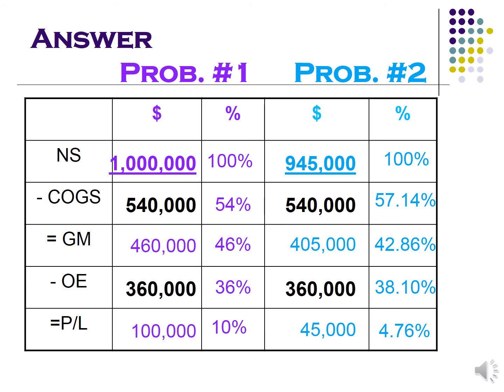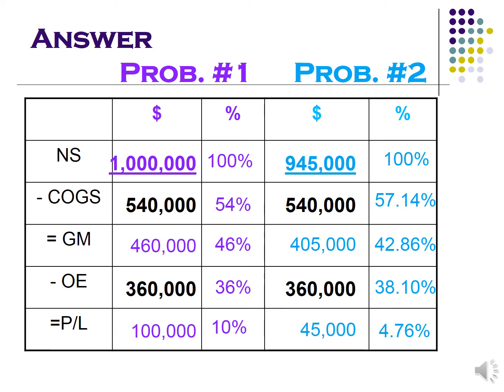So when you compare problem number one and problem number two, you can see that although we maintain the same cost of goods sold and operating expenses dollars, because of the decrease in net sales dollar, a lot of the other numbers have changed.